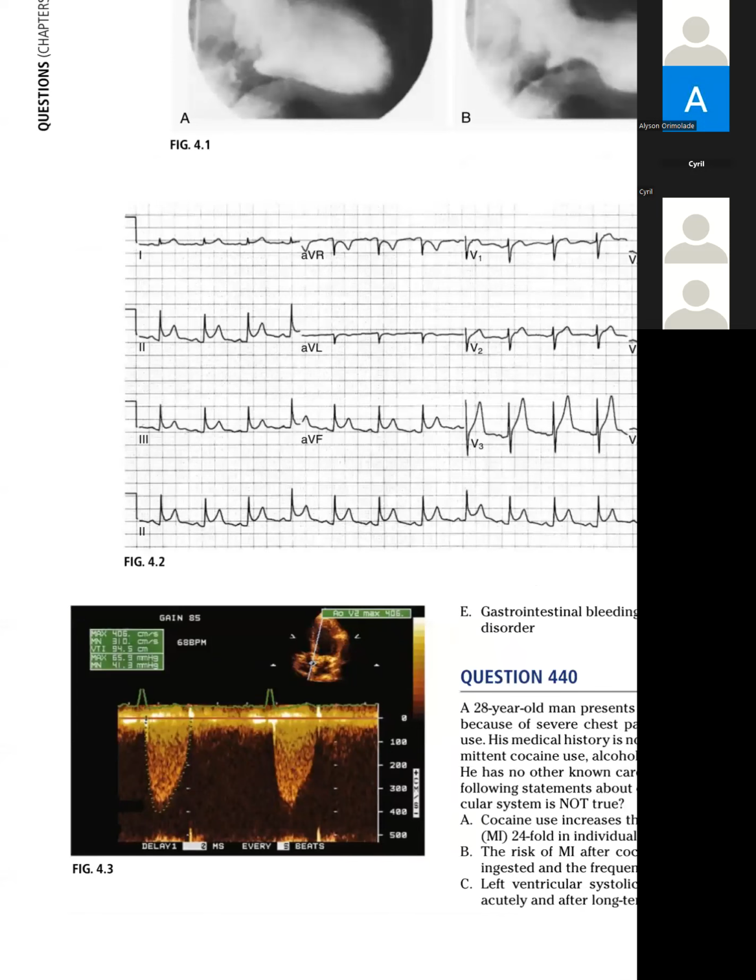I think the pressure gradient that I just mentioned is the thing we need to answer this particular question, because it's possible to have stenosis, and if it's mild, it might not be symptomatic. So if it is the pressure gradient here that is indicating a severe aortic stenosis, that gives out the answer in this question.